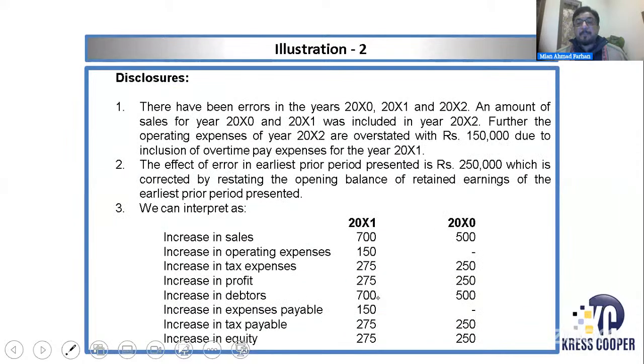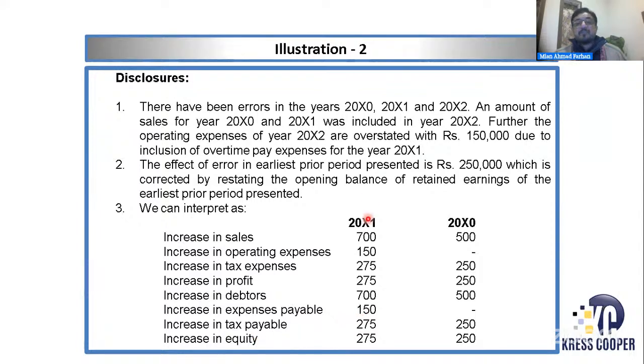So the sales of X1 will be increased and the operating expense of X1 will be increased. Its tax expense will be increased, profit will be increased. Debtors will be increased because of the change in sales. Increase in expense payable will be reflected over there. Increase in tax payable will be reflected over there.